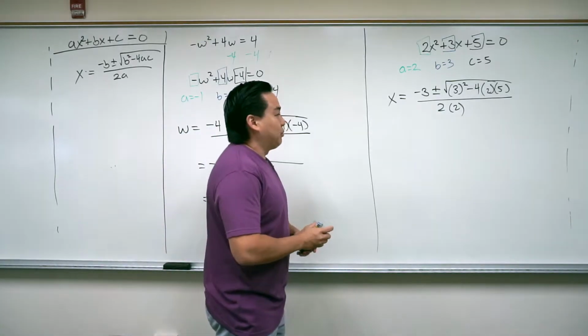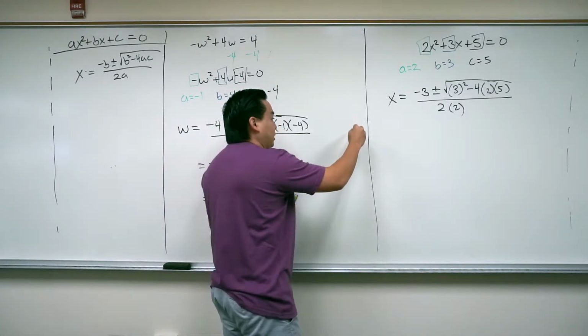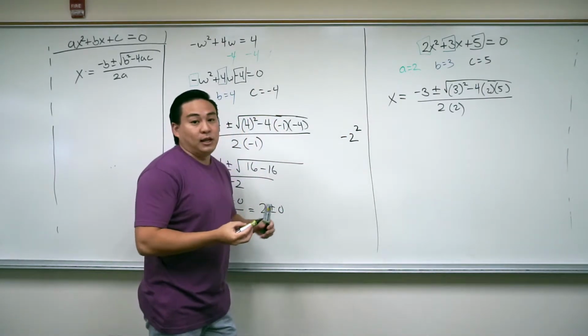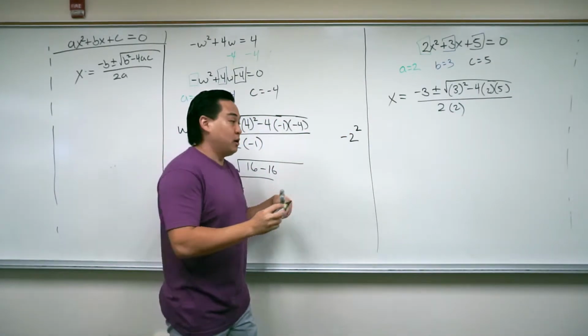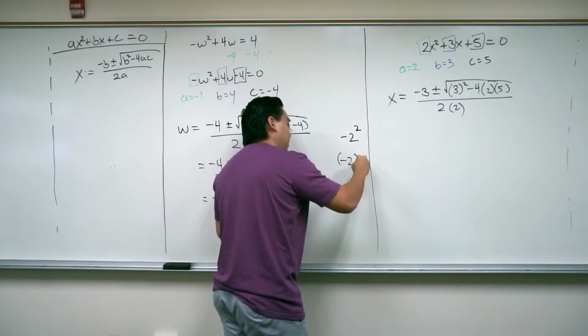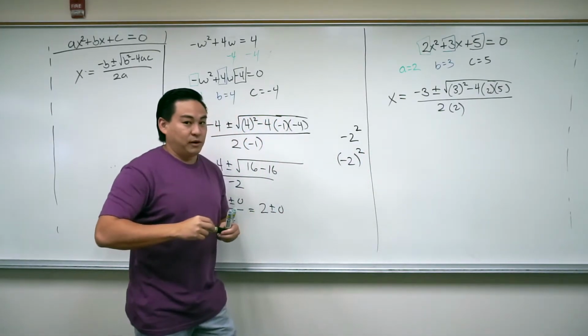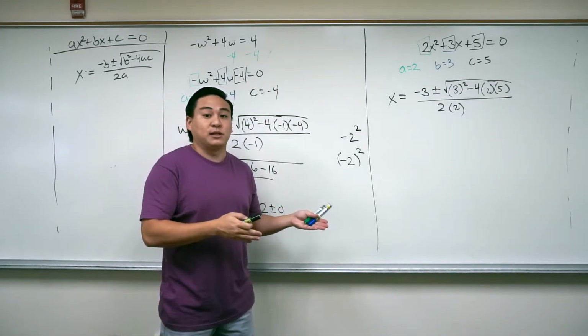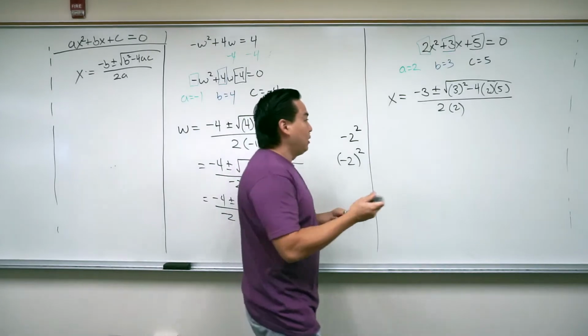And the reason for that is one of the common errors is when you do this square part, a lot of people will write something like that, and they'll only take the 2 squared, even though it should have been like that. Okay? So be very careful. That is why we write those parentheses, and why we did it in the very first place, to get rid of those errors.